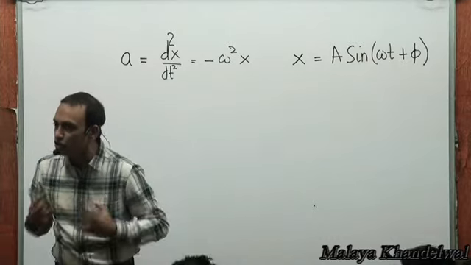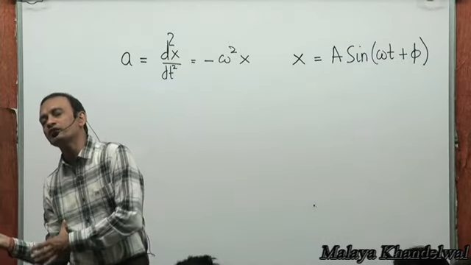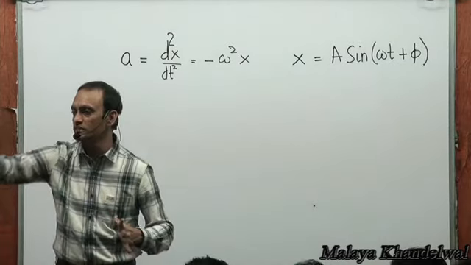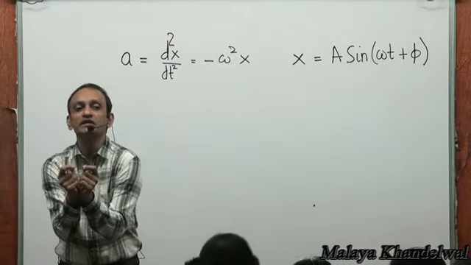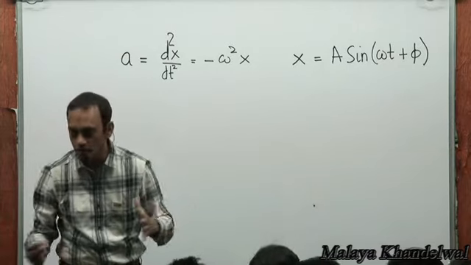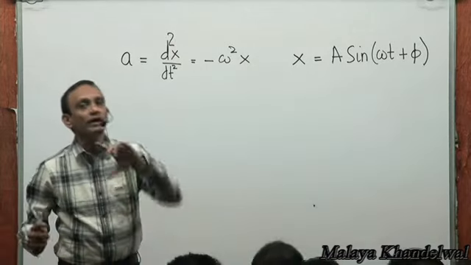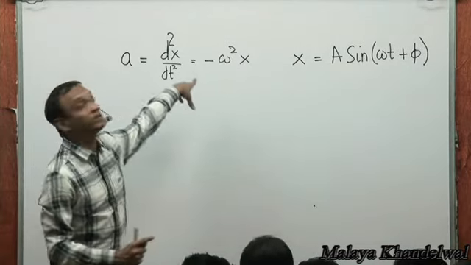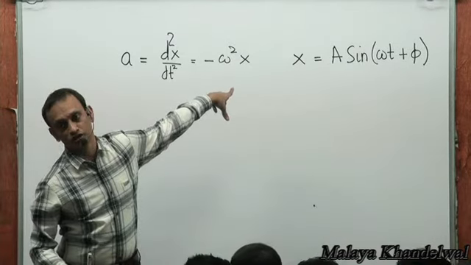We also looked at the analogy of this motion to the corresponding motion of the auxiliary particle on an auxiliary circle centered at the mean position of this oscillator, having radius equal to the amplitude, and the auxiliary particle having angular velocity synonymous with angular frequency of the oscillator, right?